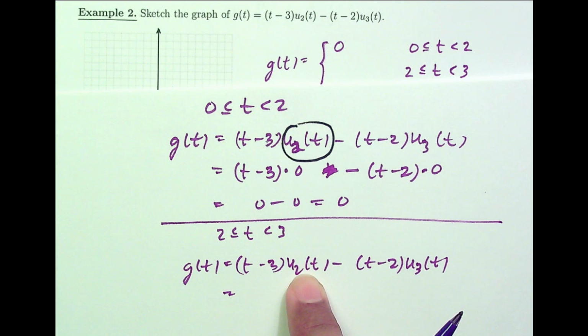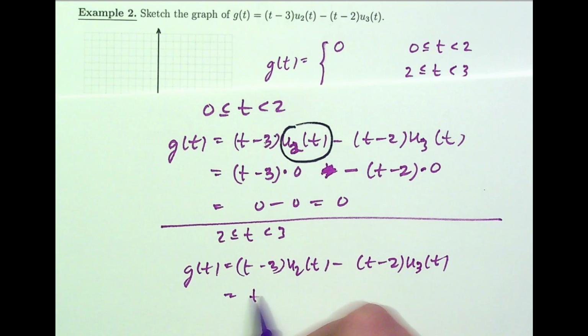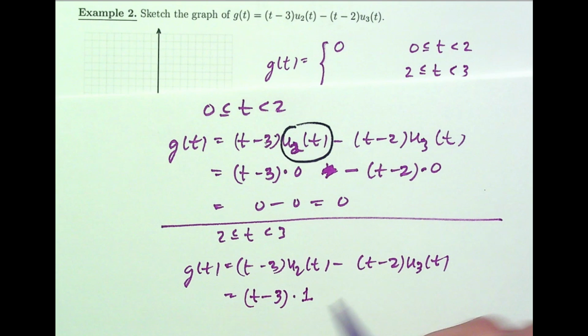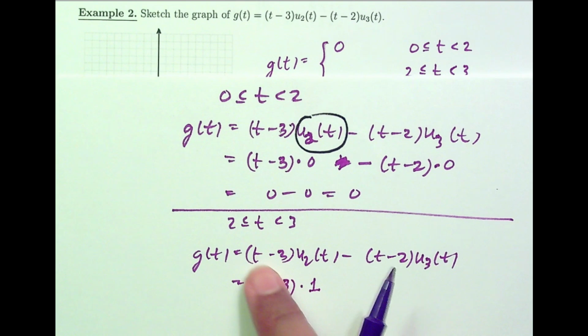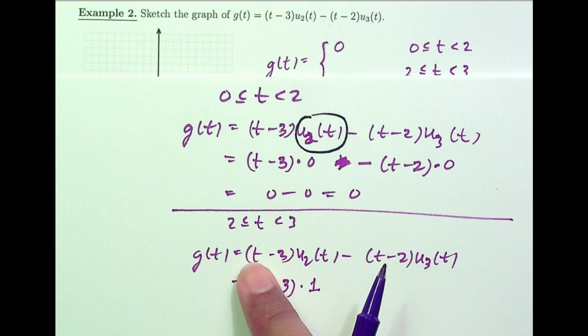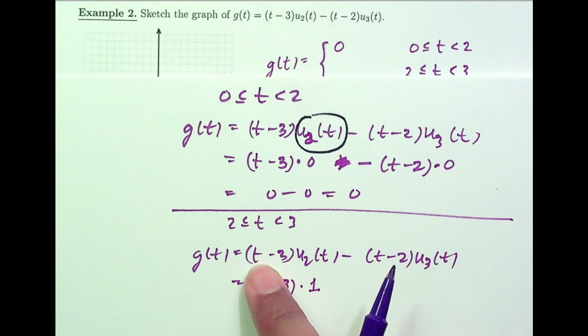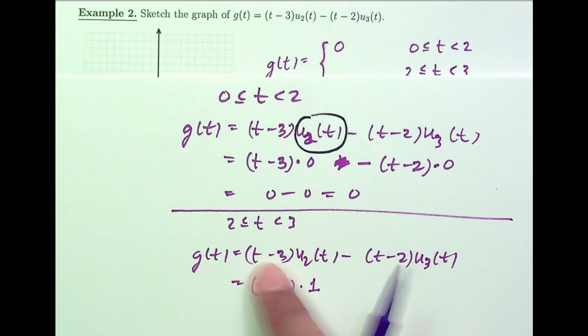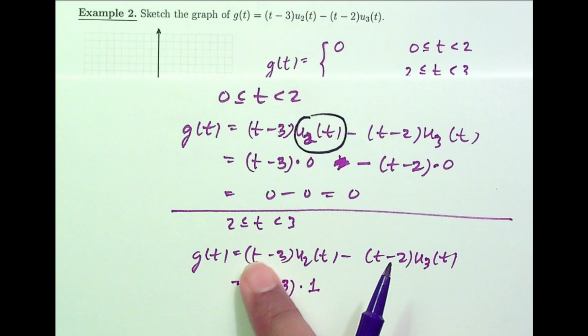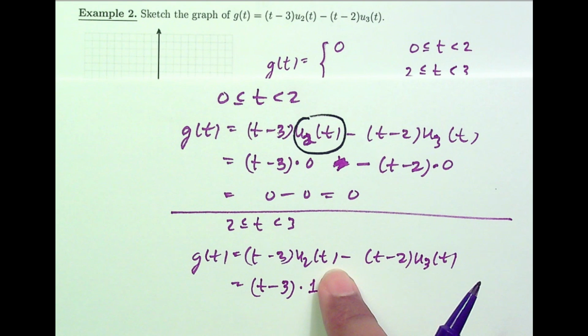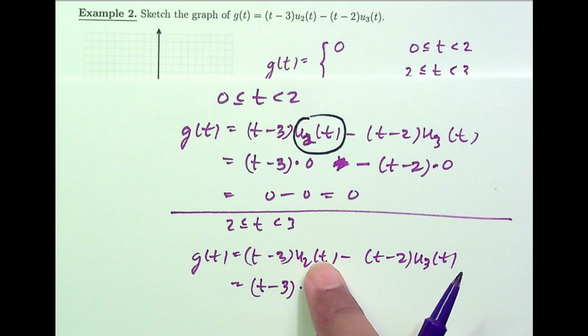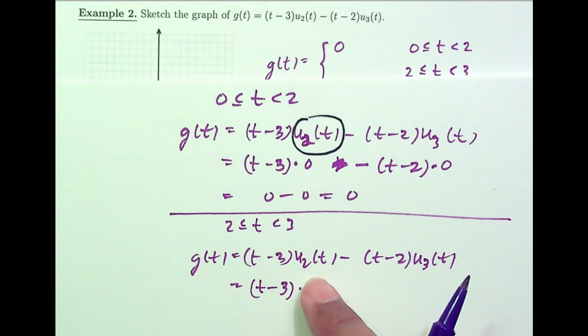It happens after the switch has been turned on, so this is 1. So then this would be t minus 3 times 1. Only this part, right? I cannot say what this is because it depends on what I'm plugging in for t. You cannot simplify this one, you just have to leave it like that because t is variable. However, regardless of whether t is variable or not, if I'm plugging in a number between 2 and 3, this is going to be 1, because I'm plugging in a number that is bigger than 2.